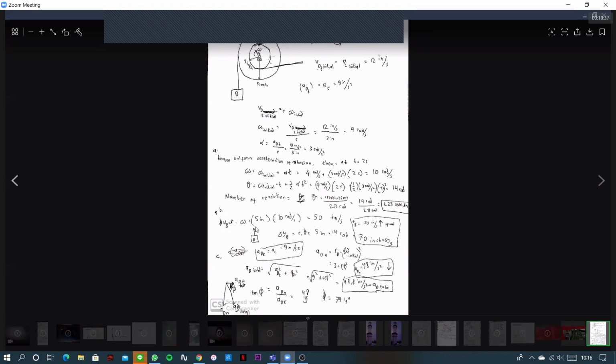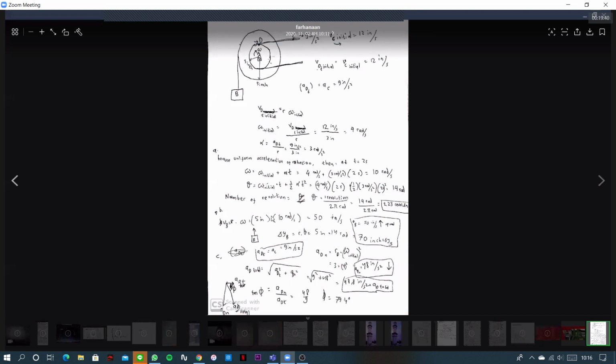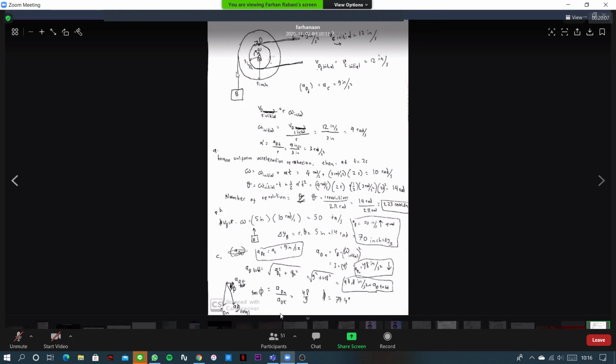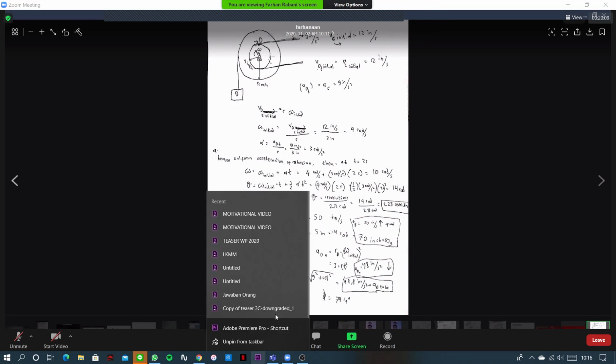The radius of the larger gear is 5 inches. We get 15 inches per second, which is the upward motion, because the smaller gear is pulled to the right, and the larger gear, because it is on the same shaft, is also turning to the right. In turn, the load B will be pulled upward.